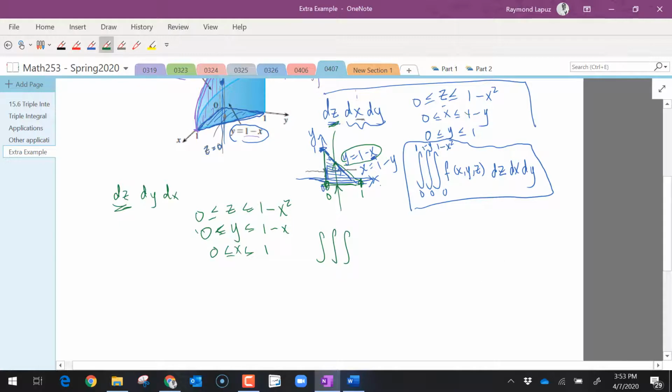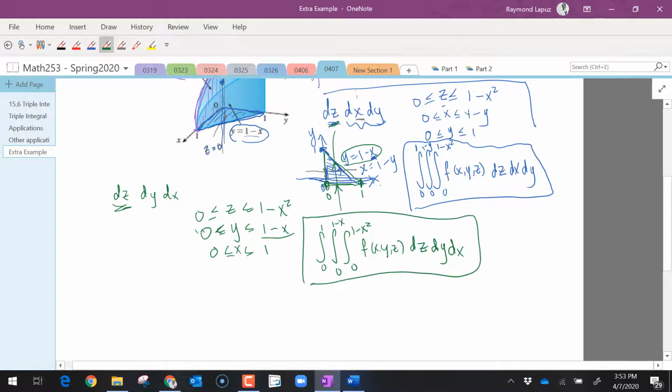So this is an integral of the function, and integrating with respect to z first, from 0 to 1 minus x squared, and then integrate with respect to y from 0 to 1 minus x, and then with respect to x from 0 to 1. Okay, so that part's done.